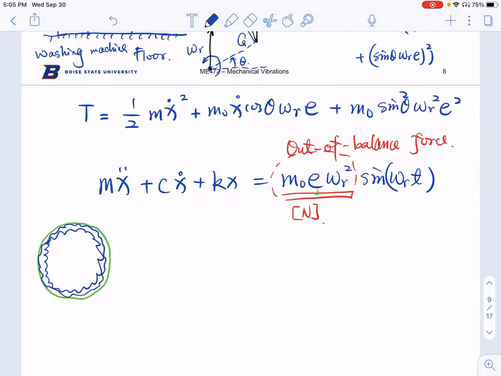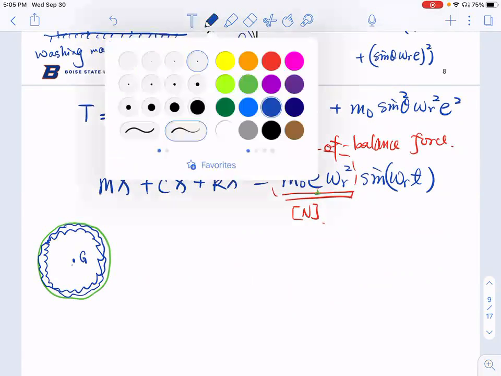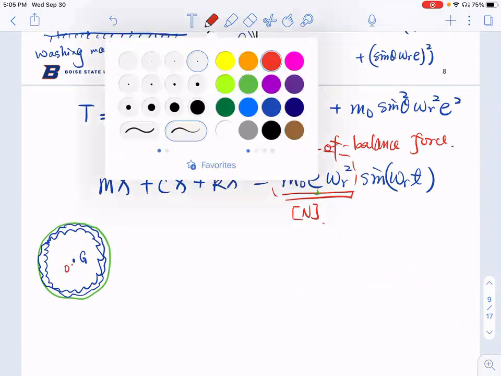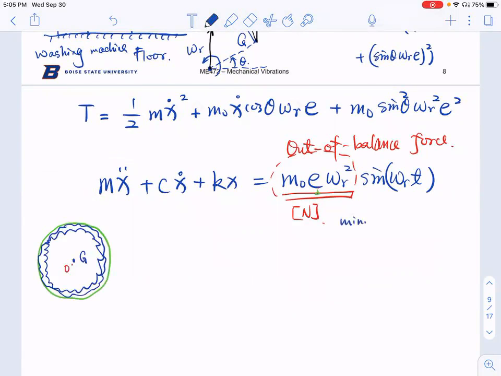If they're evenly distributed, then the center of gravity of these clothes is very close to the center of rotation, point O. So in order to minimize your E, you want to evenly distribute your load. That's actually very important in a lot of scenarios.